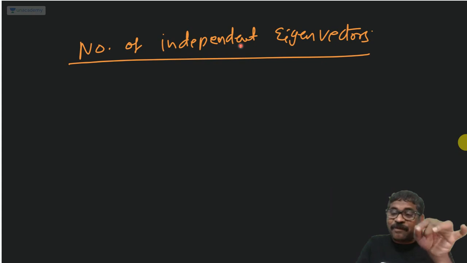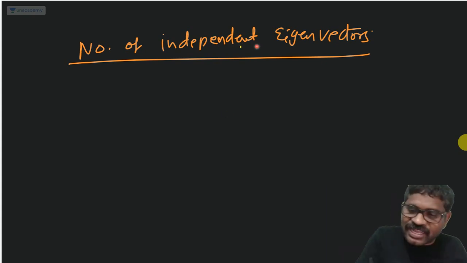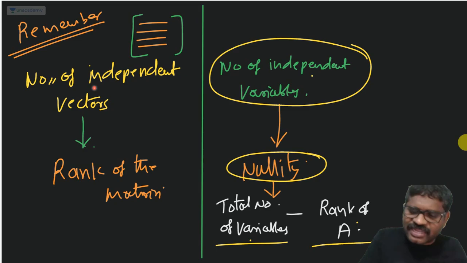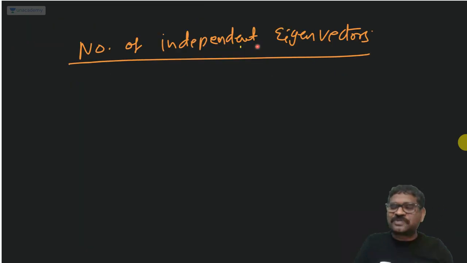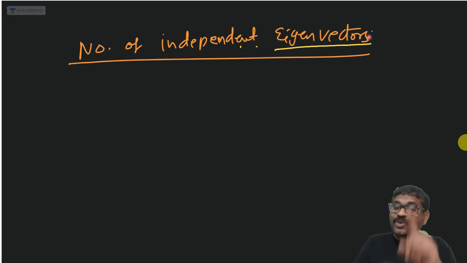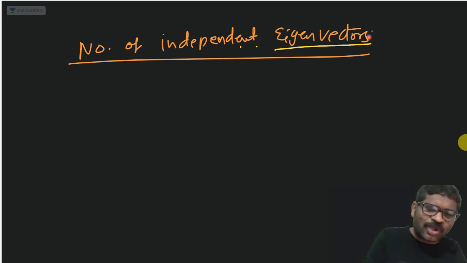Now, the number of independent eigenvector concept. Because of vectors and vectors, some students get confused. Sir, for number of independent eigenvectors they will calculate rank. It is not rank. Whenever number of independent eigenvectors comes, first you have to check your eigenvalues. I am talking about a 3x3 matrix. You have three cases.